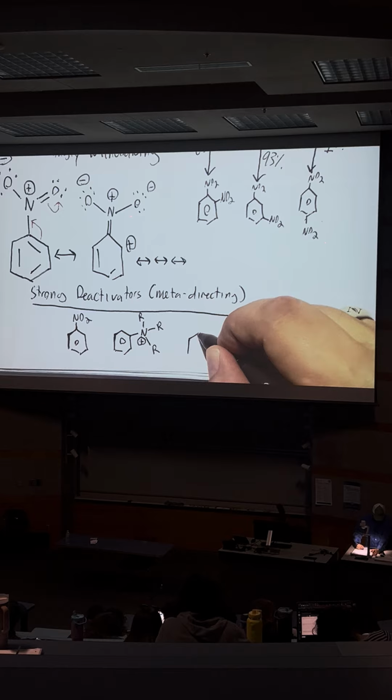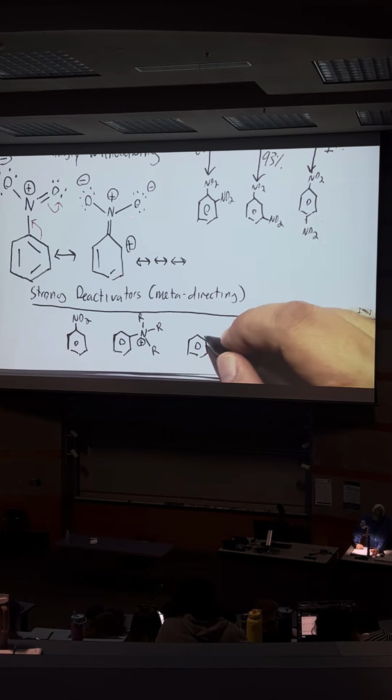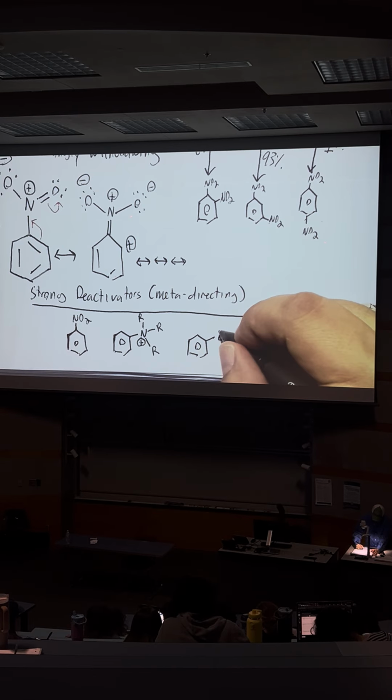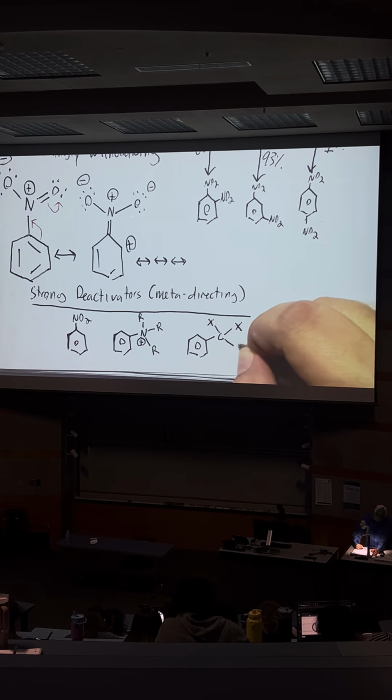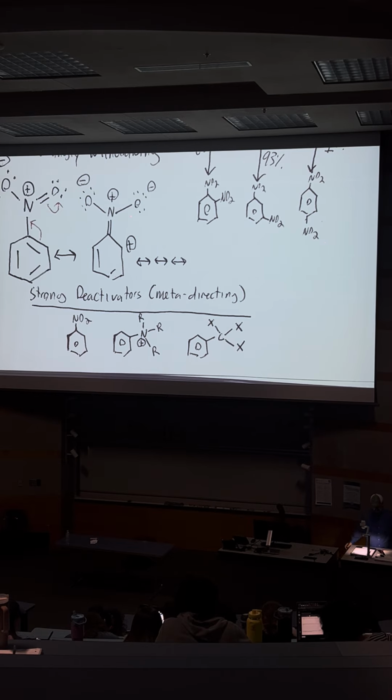And another example, which is one that we really haven't seen since OChem 1 in the chapter on acids and bases, would be trifluoroacetic acid. We were trying to show you that trifluoroacetic acid has a much lower pKa than acetic acid because the carbon adjacent to the carbonyl has 3 fluorines on it, which are 3 of the most electronegative atoms.